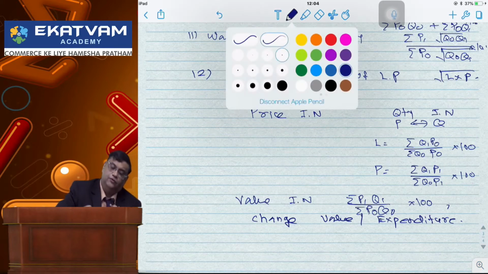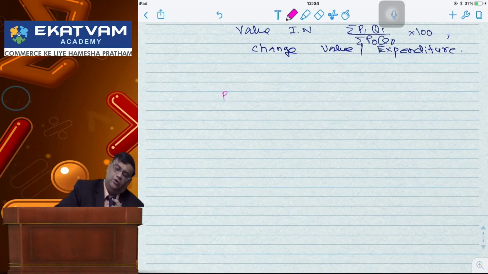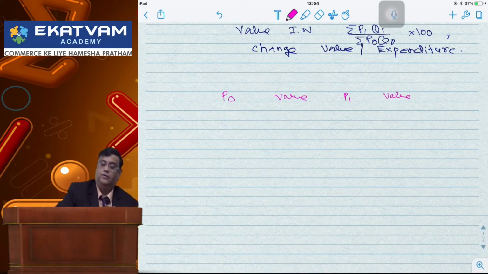So if they give me the columns P0 means base price, value. If they give me P1 value, and they ask me Fisher's index number is what? Tell me, how will I go?